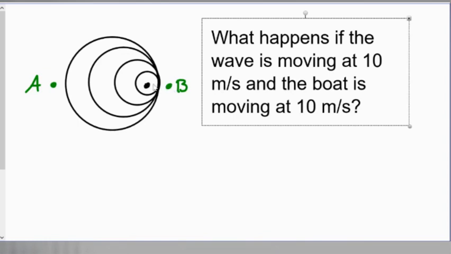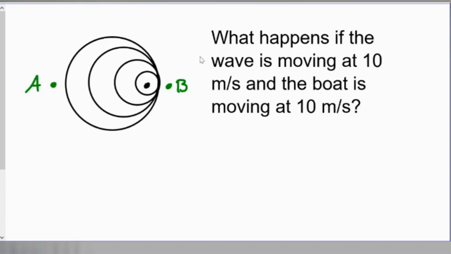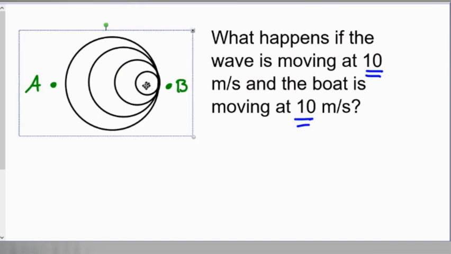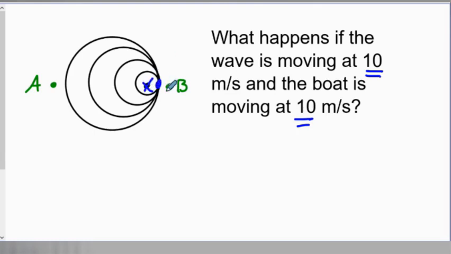So now I have a boat moving at the same speed as the wave. What we see here is that the wave speed is 10 and the boat speed is also 10. And what happens is that the boat is now moving and you would see it here as opposed to there.